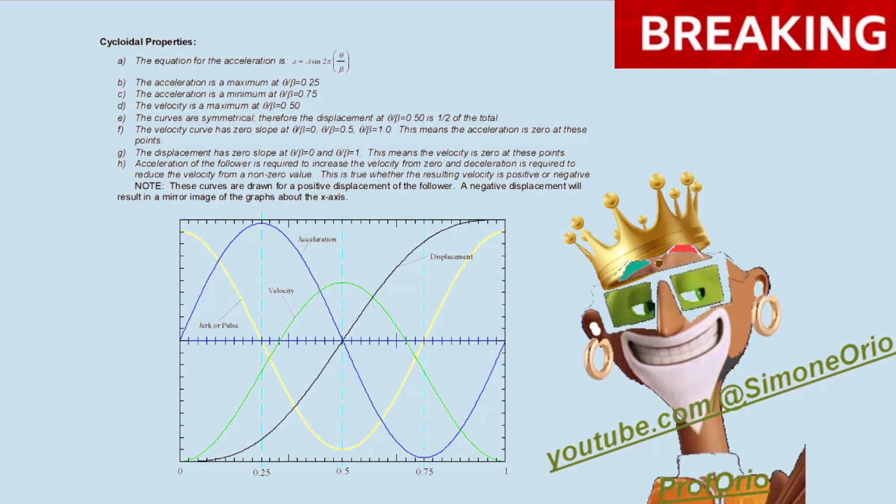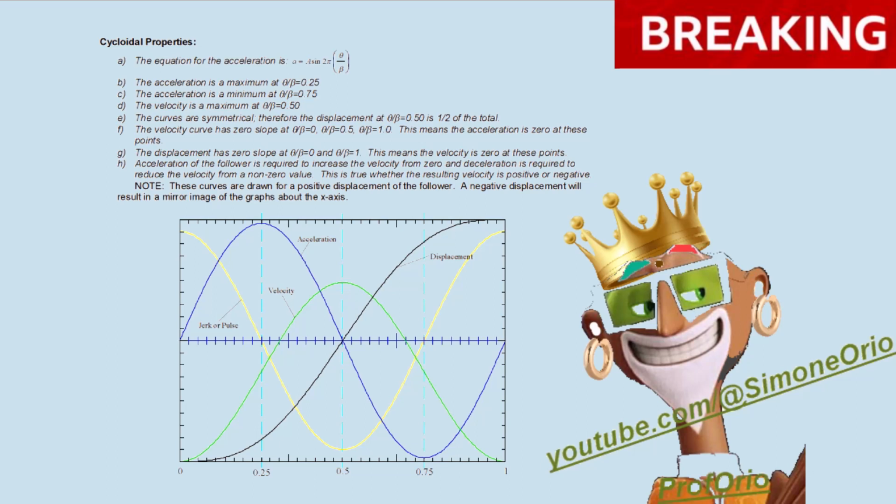You can see that this is a sine curve for the acceleration. It goes from 0 acceleration to maximum at 1/4 or 25% of the segment. It goes back through 0 at half or 50% of the segment. It is minimum at 75% and back to 0 at 100%.